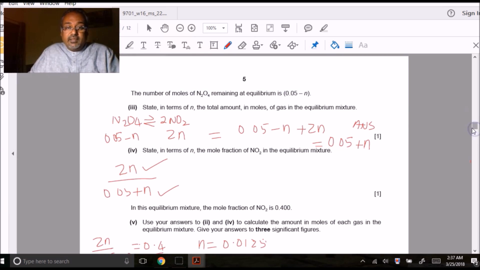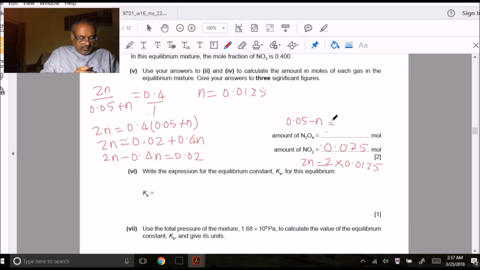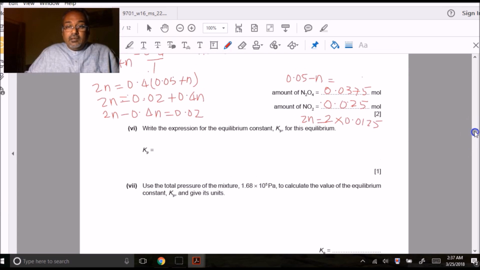For N2O4, we had it here: the moles of N2O4 at equilibrium was 0.05 minus n. So that's 0.05 minus 0.0125, and that's how we get 0.0375. There you go, that's how we solve this part of the question.